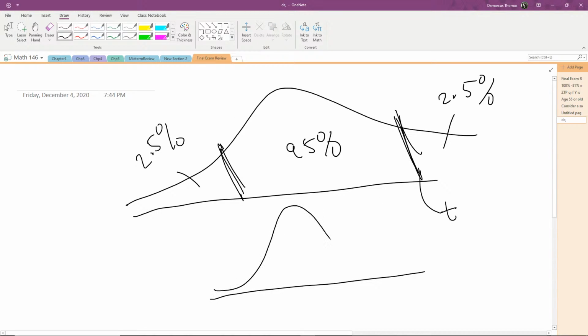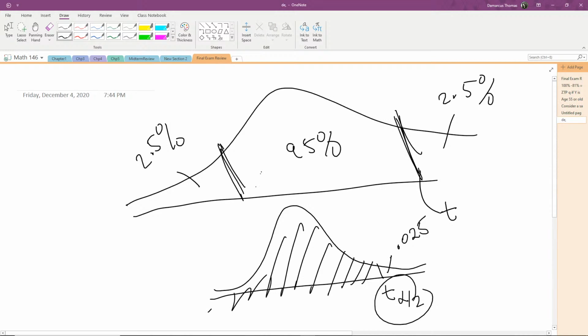It's an approximation of a normal. So we have to find this number, and we know that the area to the left is going to be 95 plus the 2.5, so 97.5%, which is 0.975, the area to the left.